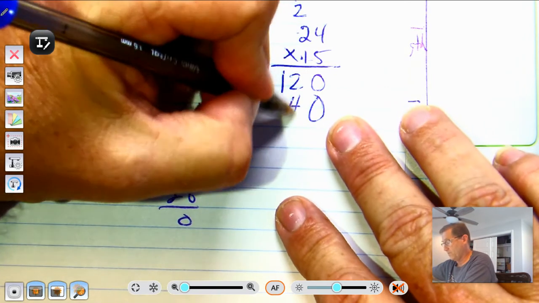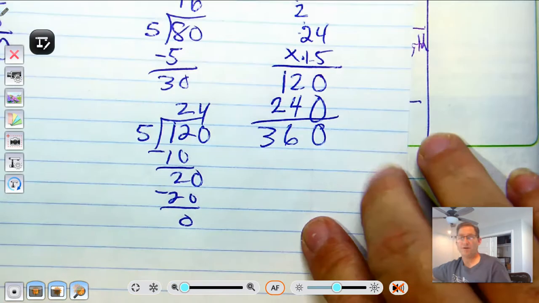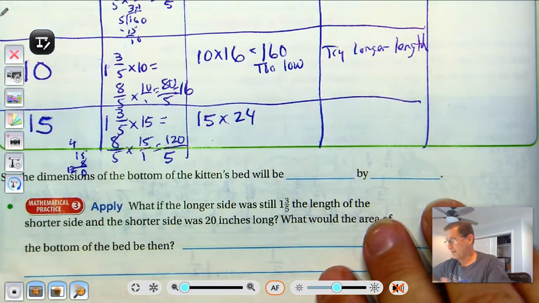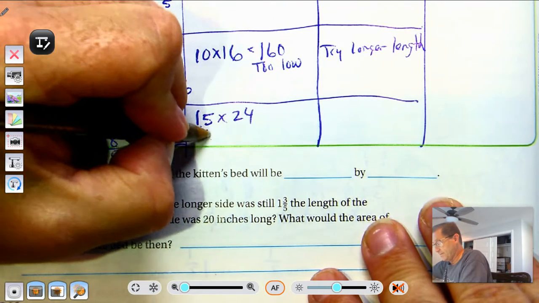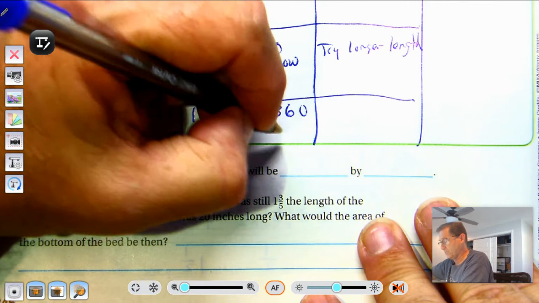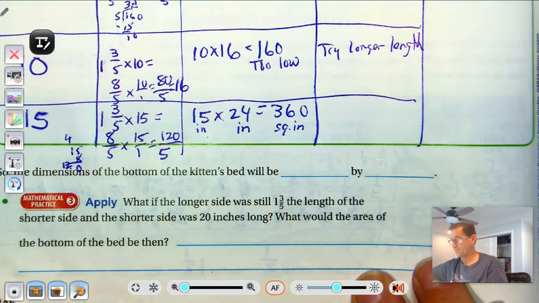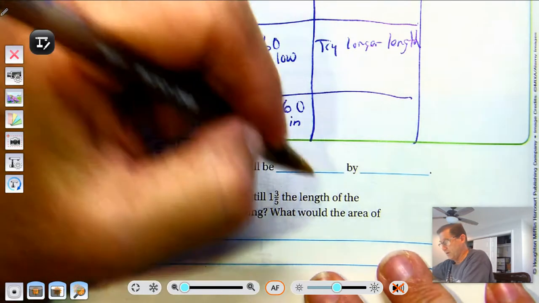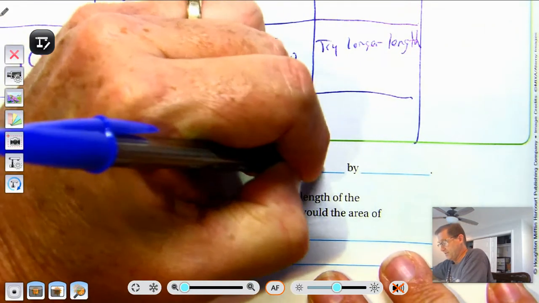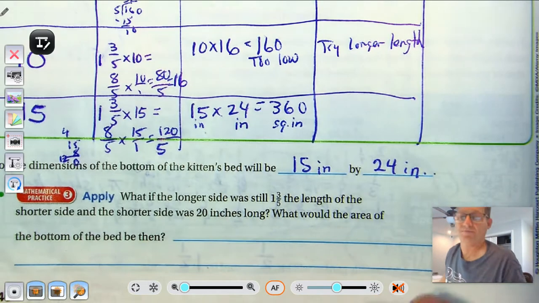So 1 times 4 is 4, and 2 times 1 is 2. Hey, that came out to 360. So that is right. It's 15 inches by 24 inches equals 360 square inches. So the kitten's bed bottom will be 15 inches by 24 inches.